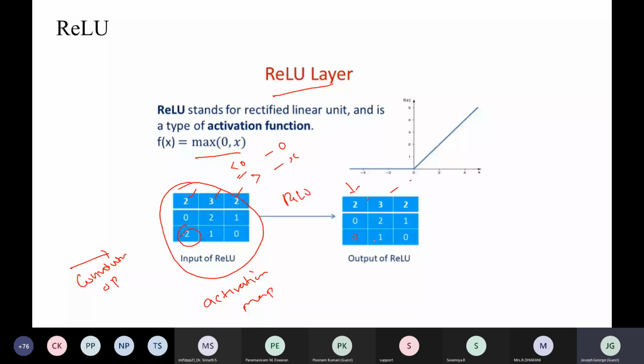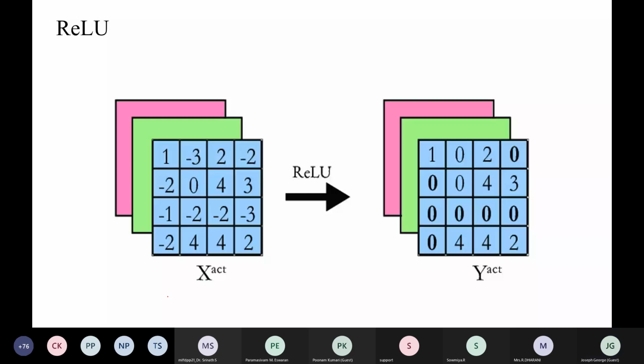So in general, you will have an n-channel activation map, and applying ReLU, the negative values will be turned to 0, whereas the positive values will be retained as they are. So this 3, this -2, all these negative values will be treated as 0.